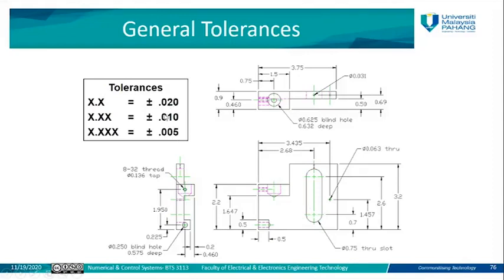This is just an example of how we define the general tolerance for all the dimensions in this figure. Instead of defining a tolerance for this dimension, that dimension, and that dimension, they use something they call general tolerance.